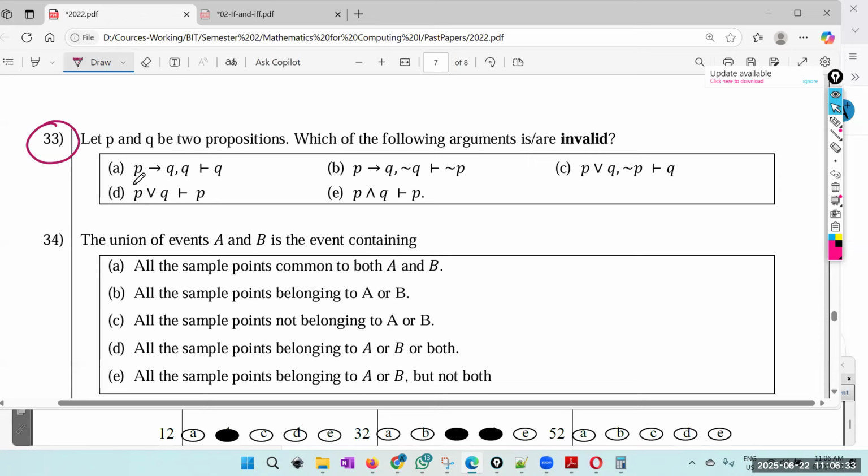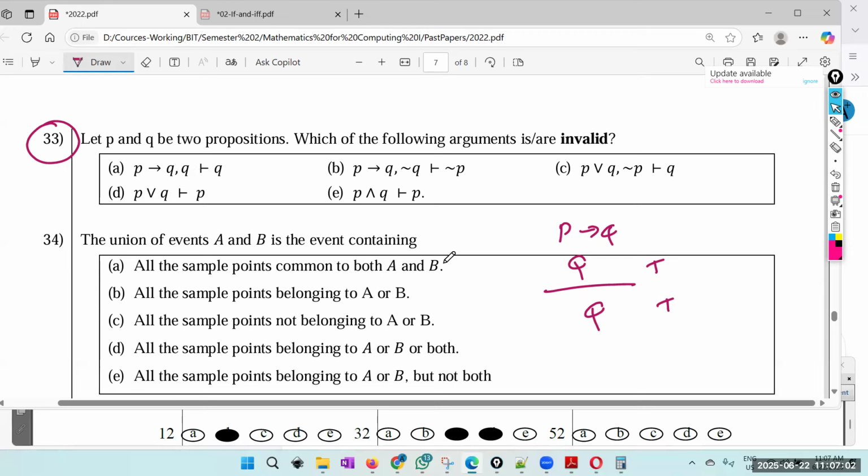Right. P implies Q. I will not use the truth table, I will use the argument approach. P implies Q, Q, therefore Q. Anyway, Q has happened. If this is true, right? So this is anyway true. P implies Q, Q has happened. If Q is true, Q is true.